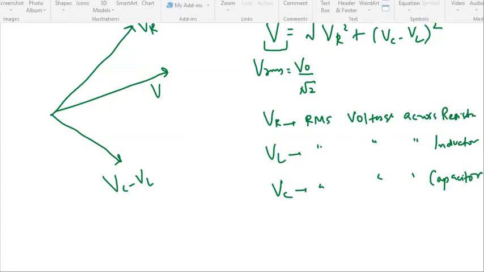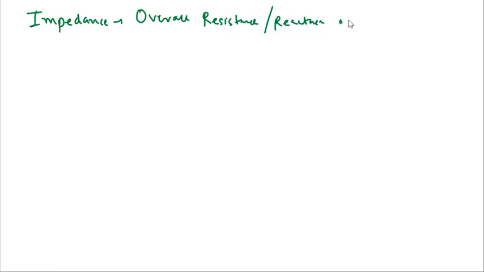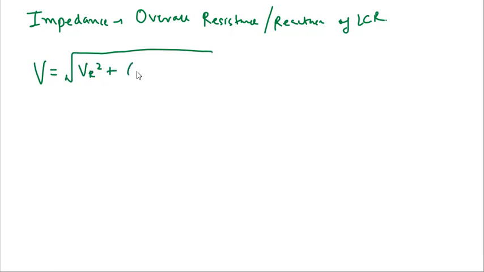Now let us find out the impedance of the circuit. Impedance is basically the overall resistance or reactance of the LCR circuit. So we have V equal to the root of VR square plus VC minus VL whole square. Now the voltage across the resistor will be IR, where I is the RMS current.